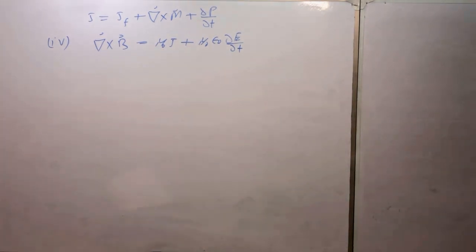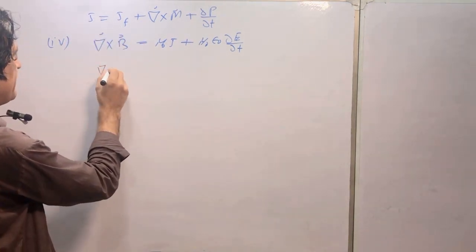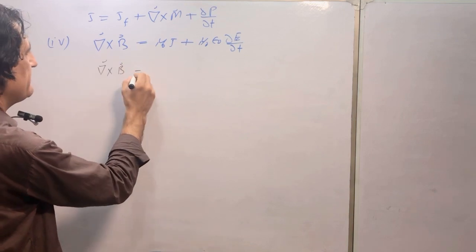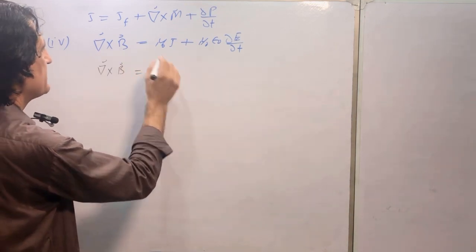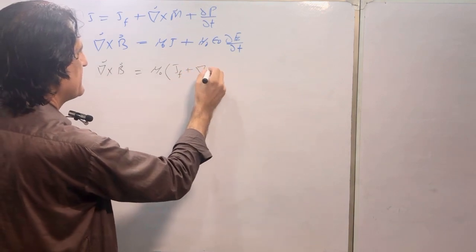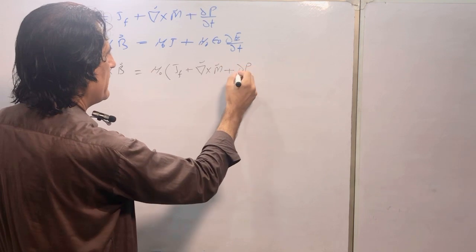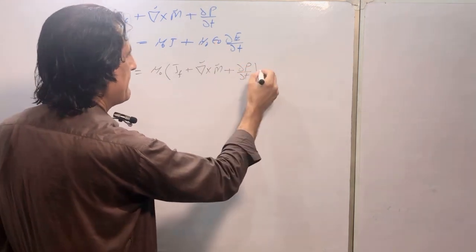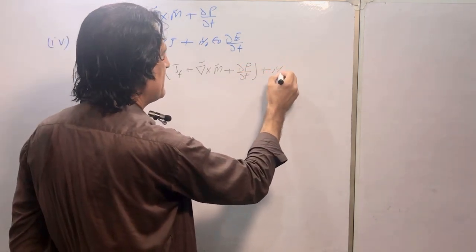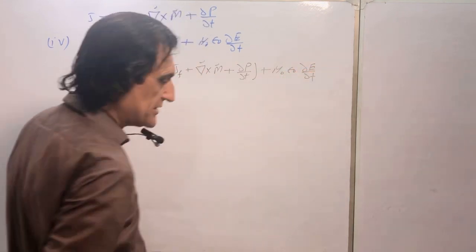Putting the value of J from this equation, the curl of B will be equal to mu naught, putting JF plus curl of magnetization, plus partial polarization, plus mu naught epsilon naught partial E divided by partial T.